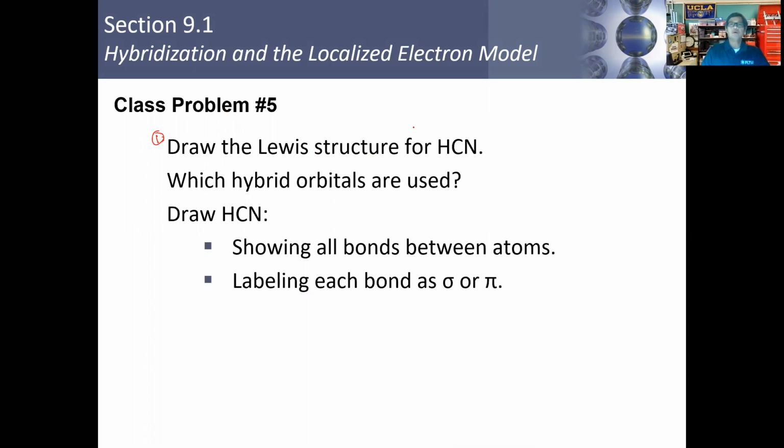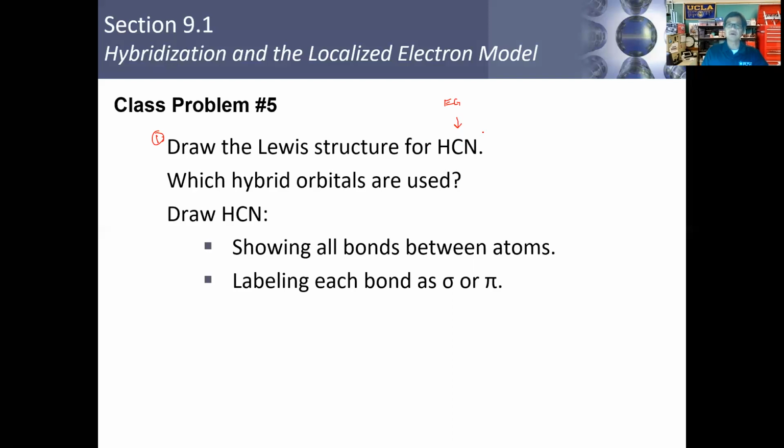Once you have the Lewis dot structure, you want to look at the center atom and determine the electron geometry for the center atom. Make sure you count the electron domains, and then from there you can find the hybridization of that center atom.